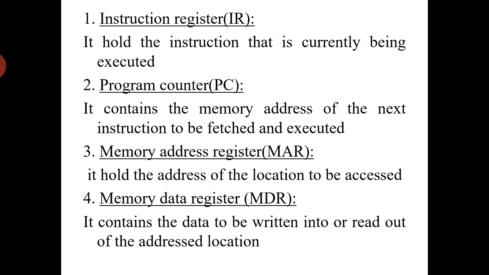So whatever instruction is executed presently in the processor is stored in the instruction register, and the address of the next instruction to be executed is stored in the program counter. So the program counter stores the address of the next instruction to be fetched and executed.